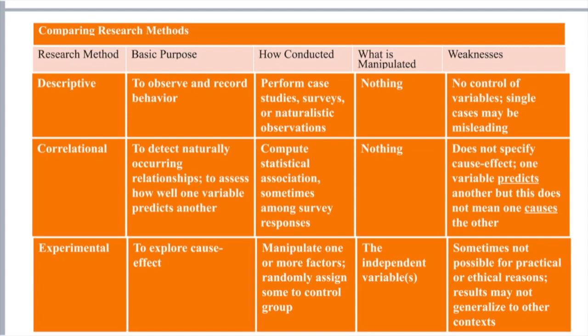So just to wrap everything up, I'm going to leave you with this chart. Feel free to take a picture of it, or jot it down in your notes. This is the big picture overview of the 3 different types of studies that we looked at. We looked at descriptive, looking at case studies, naturalistic observation, and surveys. We looked at correlational research methods, and we looked at experiments.